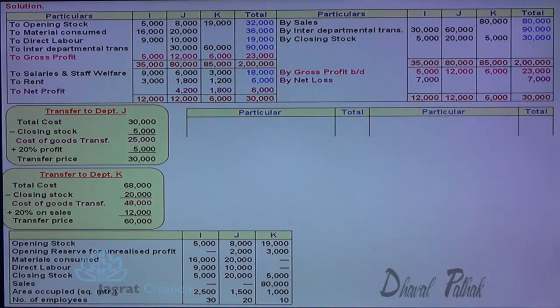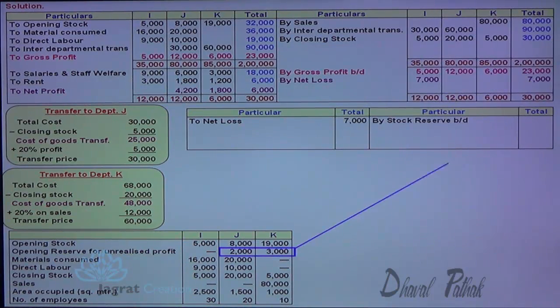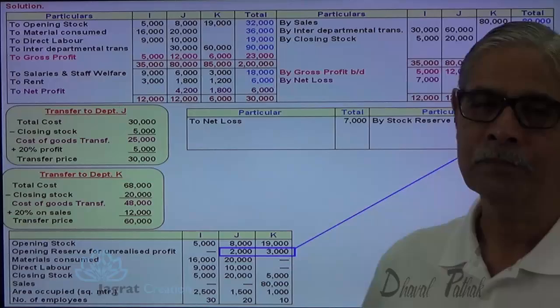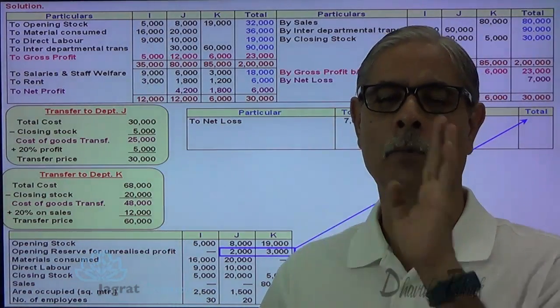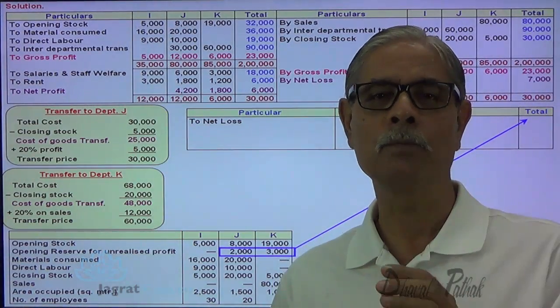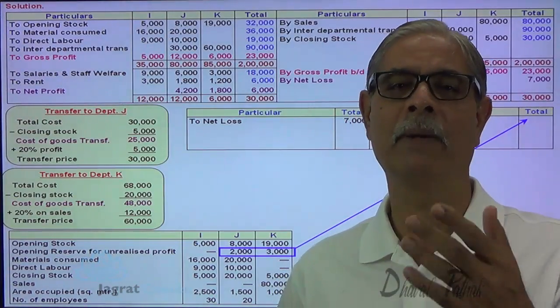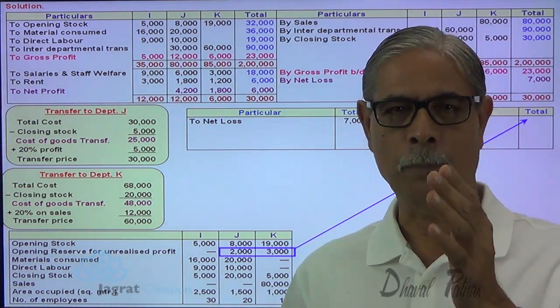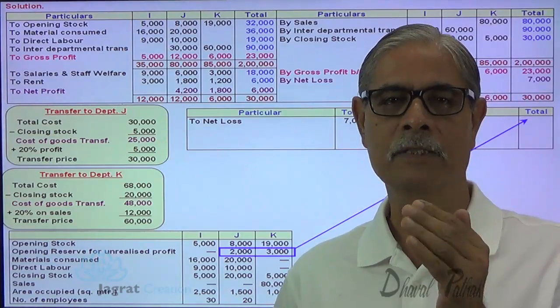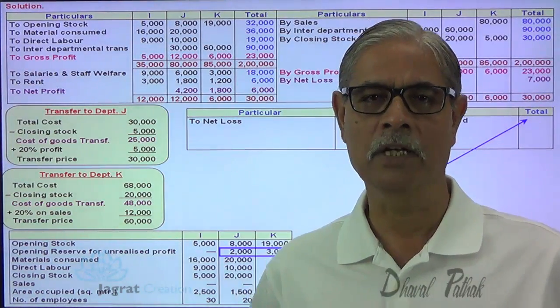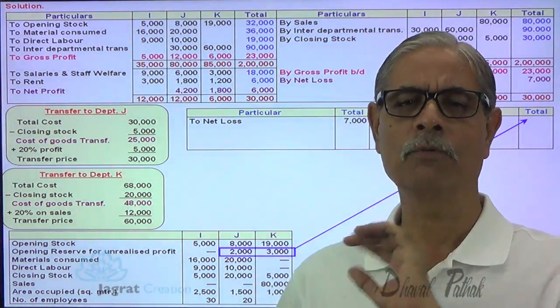So here I prepare profit and loss account. Net loss 7,000 debited. This stock reserve is an unrealized profit in the opening stock. We presume that the goods are sold by FIFO method. So opening stock was initially there under the ownership, was sold first.